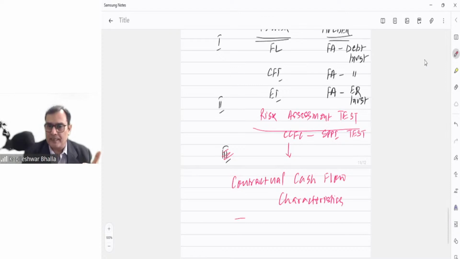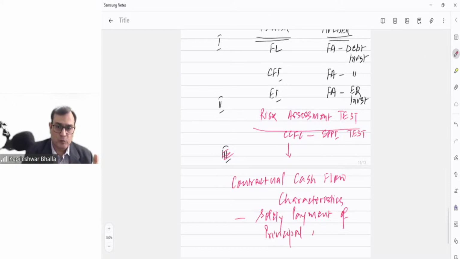Is it comprising SPPI, that is, solely payment of principal and interest? So this is what we call the CCFC SPPI test. This is a test which will help me decide whether there is a presence or absence of risk.